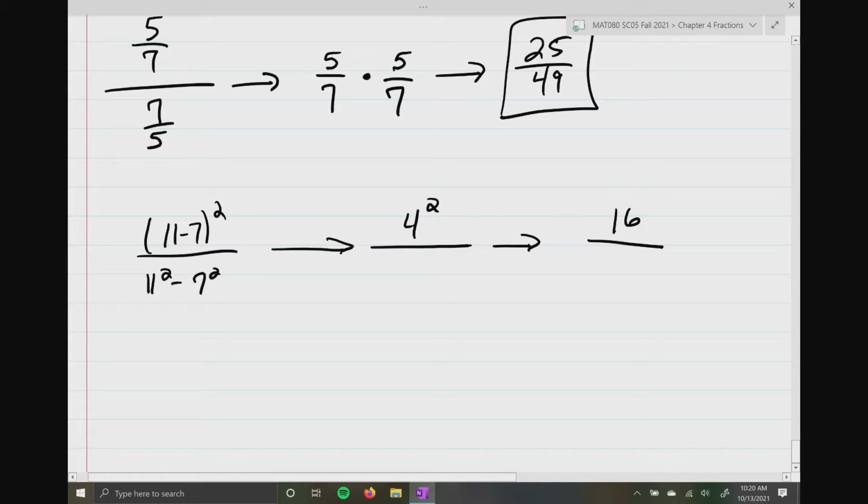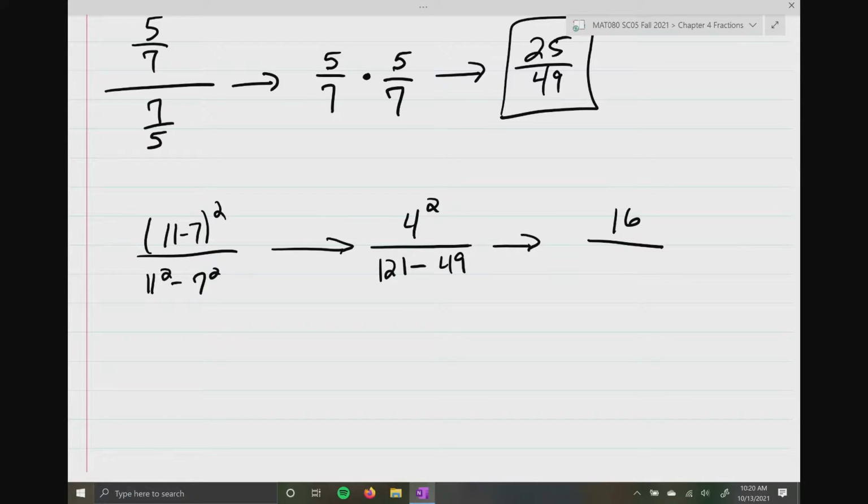Okay? I am going to do the same exact thing with my denominator now. 11 to the second is 121. Minus 7 to the second is 49. Are there any questions so far? All right. 121 minus 49.